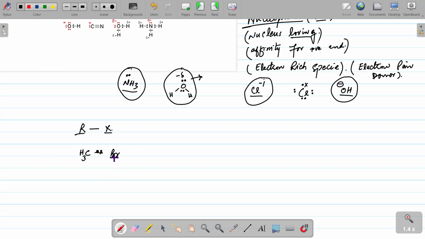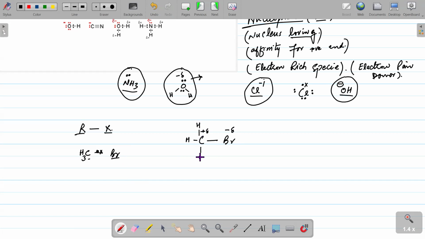Because of the difference in electronegativity of the bromine atom and the carbon atom. Bromine has more electronegativity. So this pair of electrons shifts towards the bromine atom, which has partial negative charge, and this carbon is partial positive.